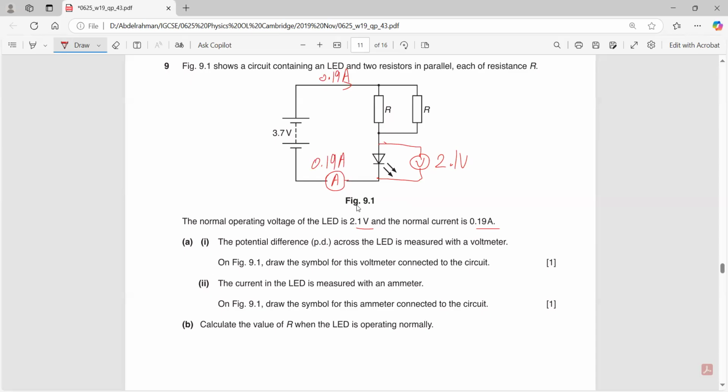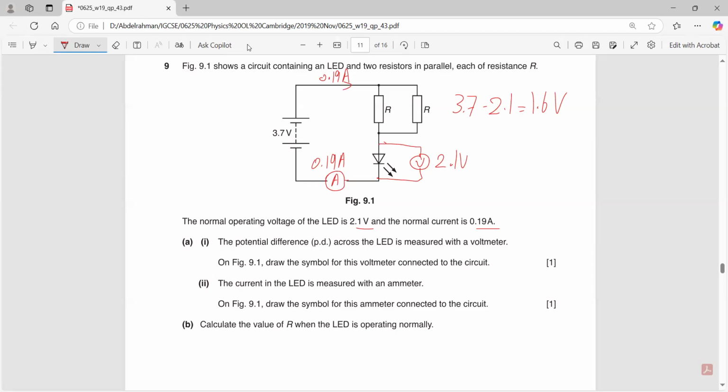If the voltage is 2.1 volts on the LED, the voltage on the resistors is 3.7 minus 2.1, which is 1.6 volts on each of these resistors.